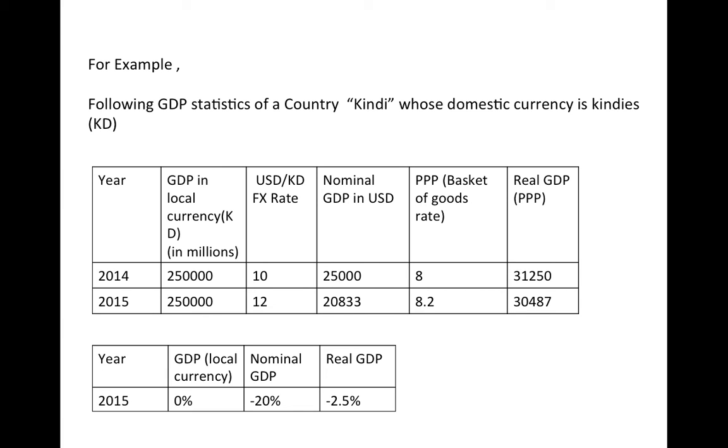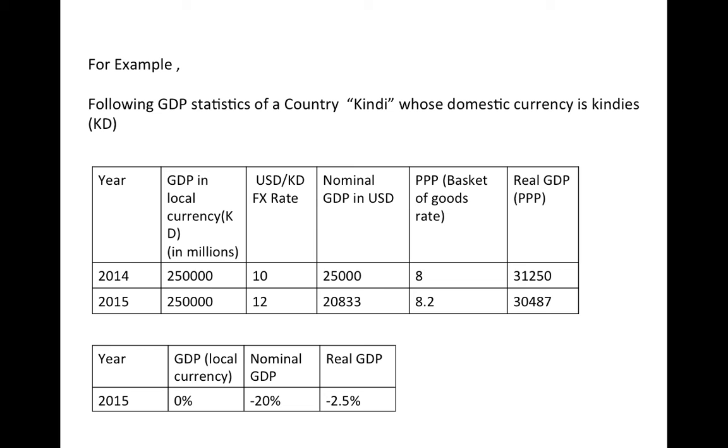See, in 2015 there is a 20% decline in nominal GDP, even though there is no change in GDP in local currency. That means the production and consumption in Kindi is the same in 2014 and 2015, but still nominal GDP shows a 20% decline.